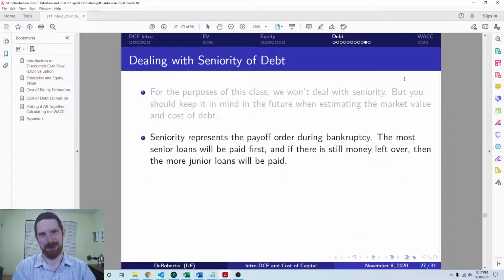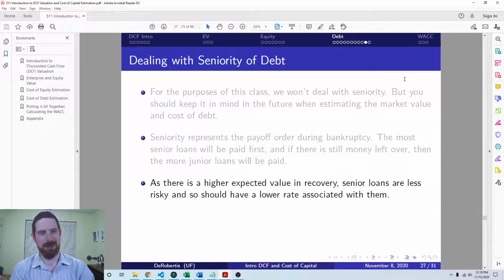And there are different levels of seniority. It's often just referred to as just senior or junior, but a company can have as many different levels of seniority as they want. It's just however they write the bond contracts. So the seniority is important because lenders have to consider this bankruptcy recovery scenario when they are setting the rates that they would be willing to lend at.